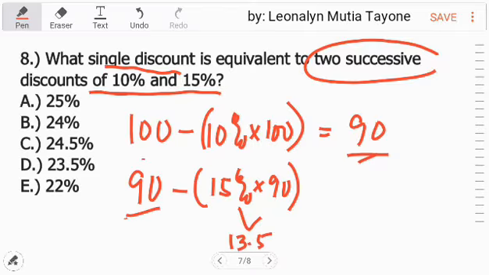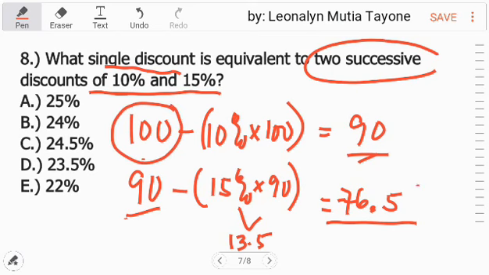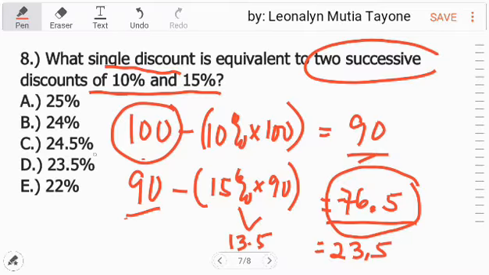So 90 minus 13.5, let us start with the rightmost: 0.5, then here is 6, 7. So 76.5. 100 minus 76.5 is 23.5. So letter D is the correct answer, 23.5.